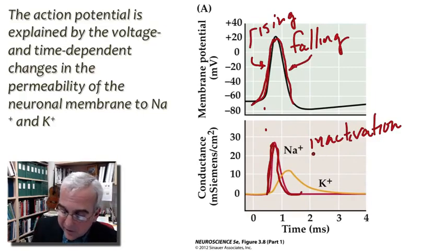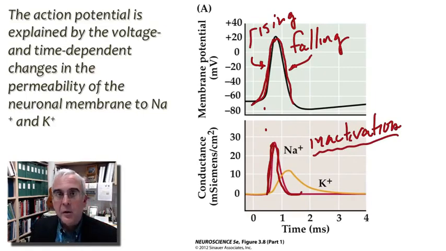Now, this sodium channel inactivation, I know I'm getting ahead of myself just a little bit with respect to the tutorial notes, but it does allow us to explain an important phenomenon called the refractory period. So there's a period of time during which it's not possible to generate another action potential, and that's called the absolute refractory period.